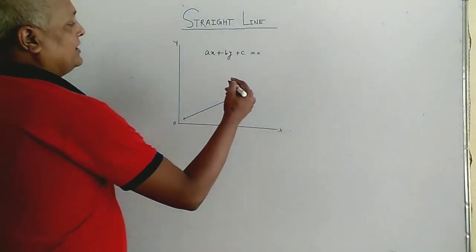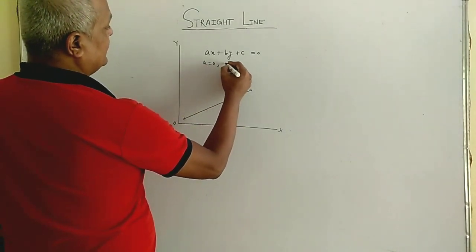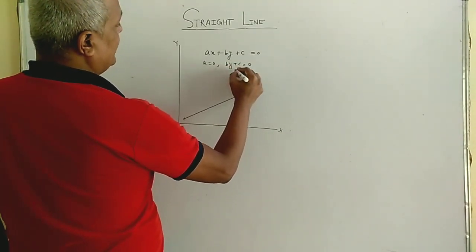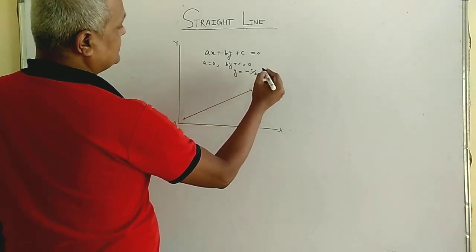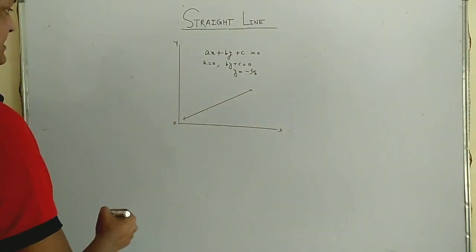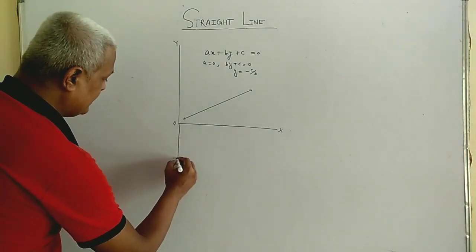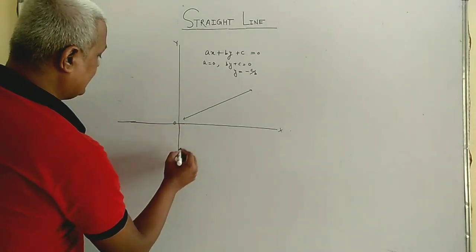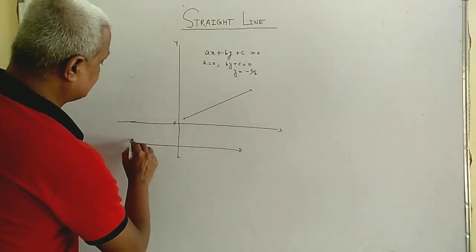Now suppose A is 0, then you get BY plus C equal to 0, and if you plot, you will get y equal to minus C over B. It means y is becoming negative. This is my y-axis and y is negative, so it will be something like this.